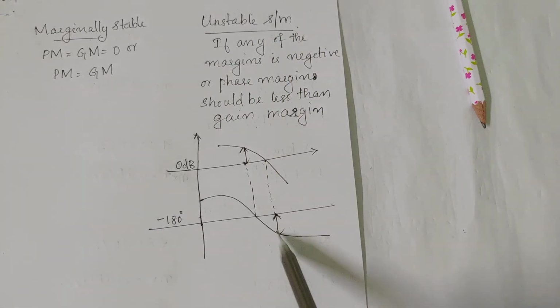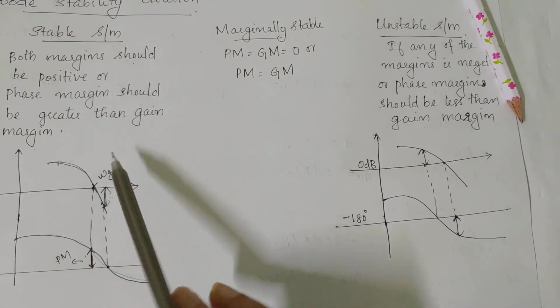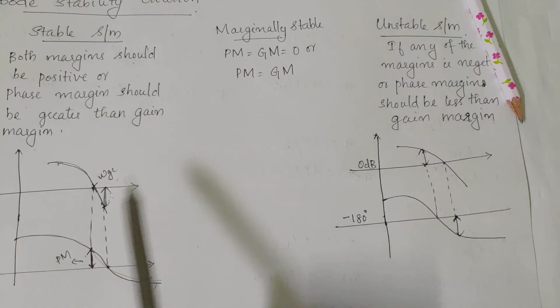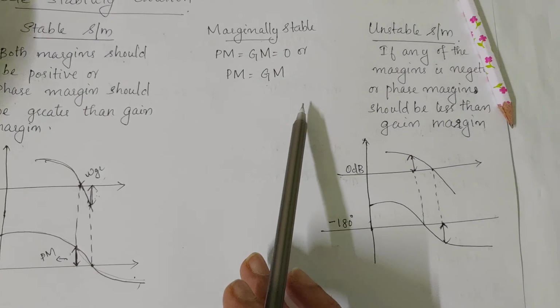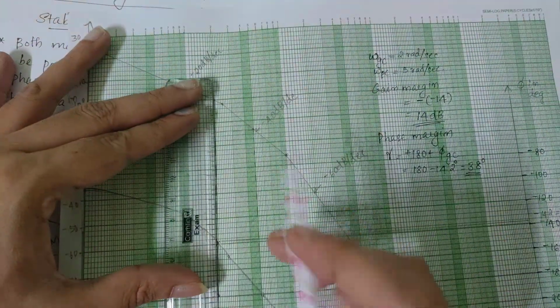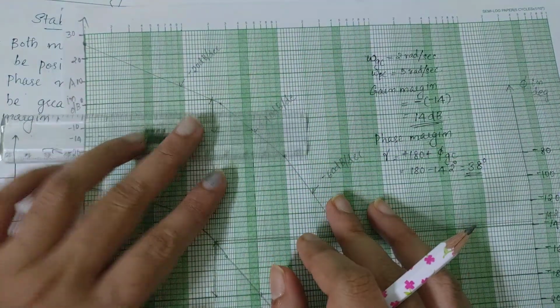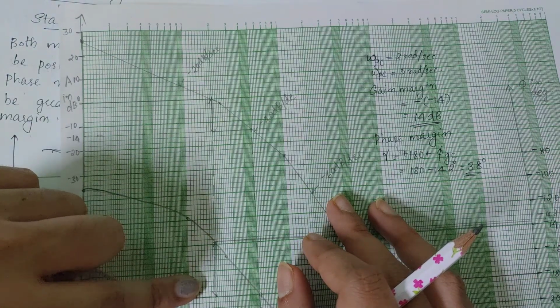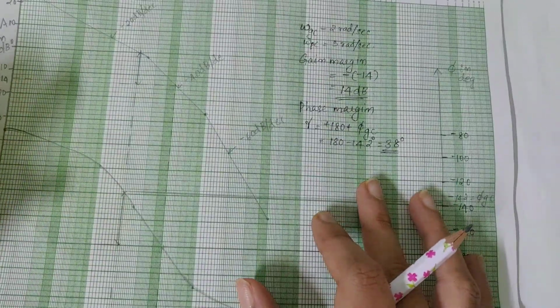Hence we can find whether the system is stable or not using the phase margin and gain margin. Here we have both, this is our phase margin and this is our gain margin. Both are positive, so the system we considered here is a stable system.